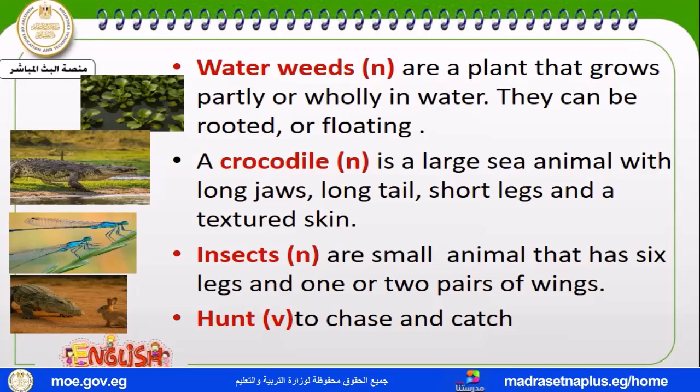The last word is hunt. Hunt is a verb, it means to chase and catch. And here we can see the crocodile hunting this small animal. So these are the main words in Unit 1. They are related to plants and animals that live in the Nile River.